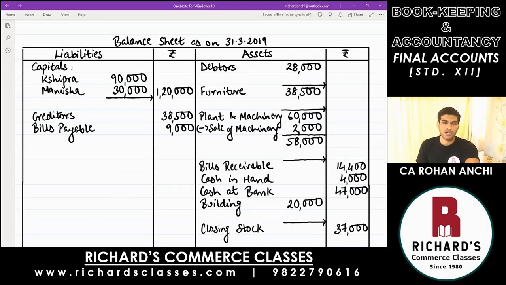Now, depreciation, you already know what is to be done. The asset value has to be reduced, and they said depreciate all fixed assets by 5%, one rate. So let us take each asset and reduce the value now. Starting with the first one, you see furniture is there written in the inner column, write down, minus depreciation. Now carefully calculate and tell me what is going to be the depreciation on furniture. 38,500 is the value.